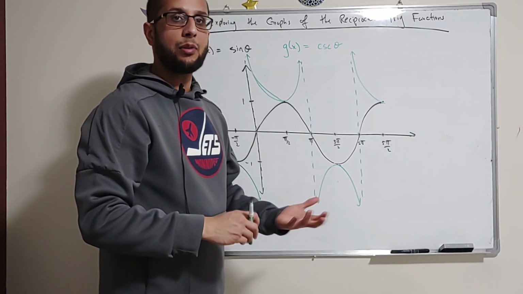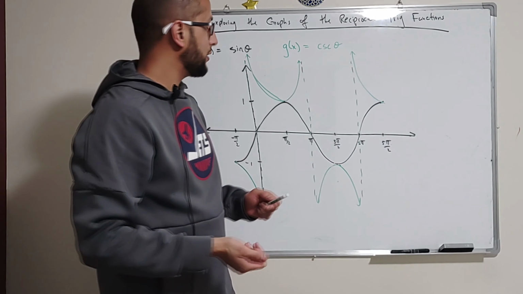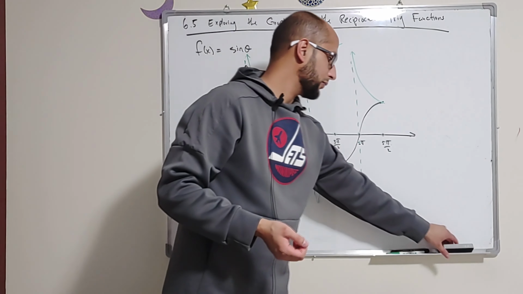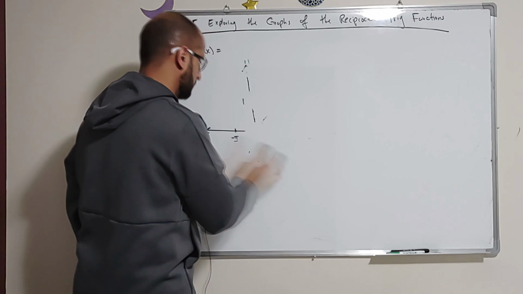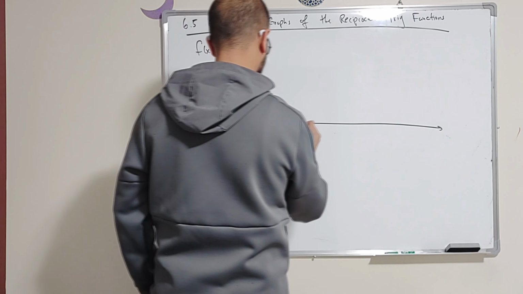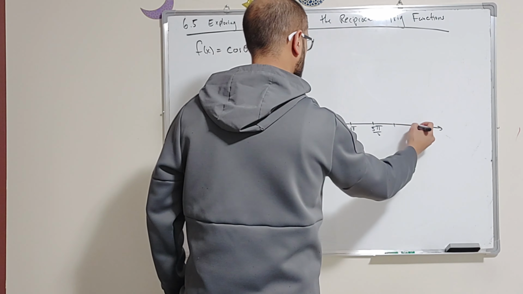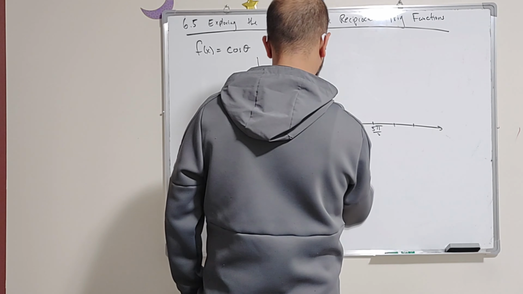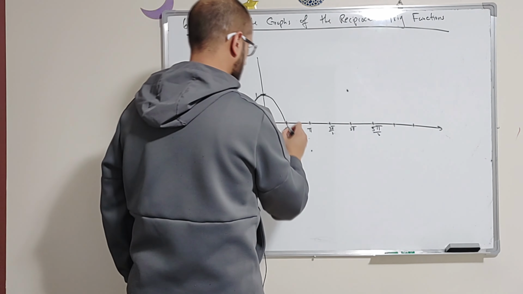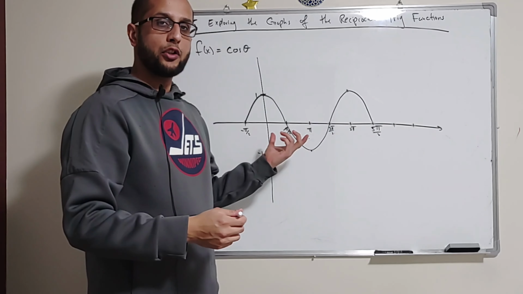Let's apply the same concept to cosine and the secant theta functions. So now we have our cos theta function.